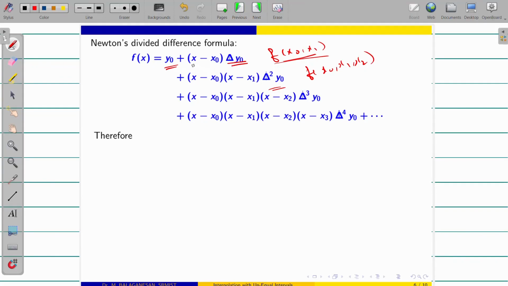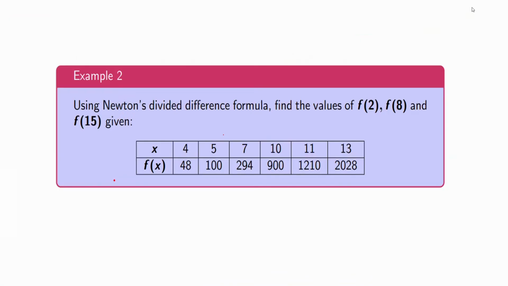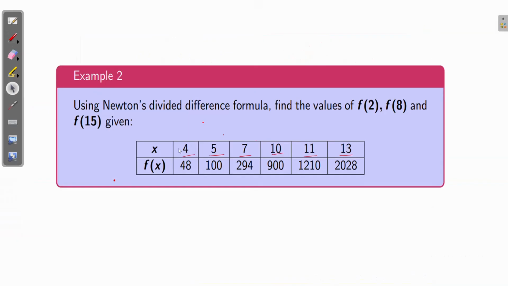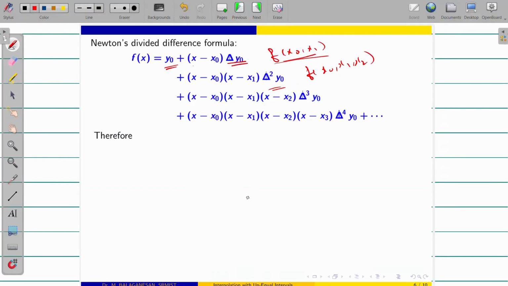X is nothing but the value whatever we are going to find. X naught, X1, X2, X3, etc. are the table values they have given there. Look at that. These are all the values: first value of X is X naught, X1, X2, X3, X4, up to Xn. Likewise, we have to enter in the formula.